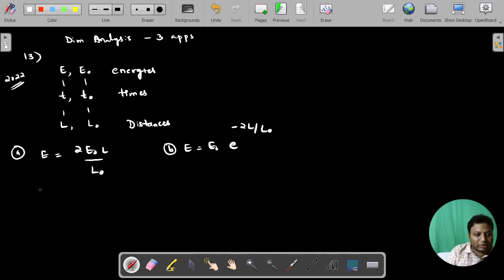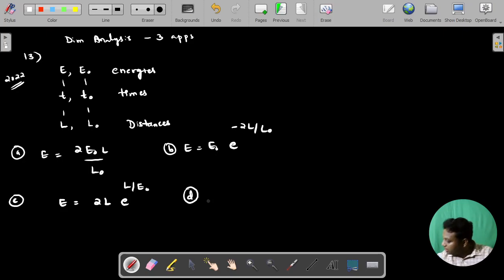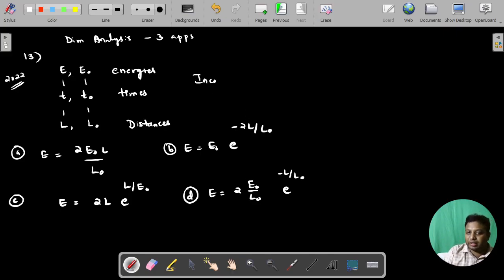Then C, E equal to 2L e power L by E naught, and D, E equal to 2 E naught by L naught, e power minus L by L naught. So these are the options given to us. We need to identify the incorrect relation from the given options.